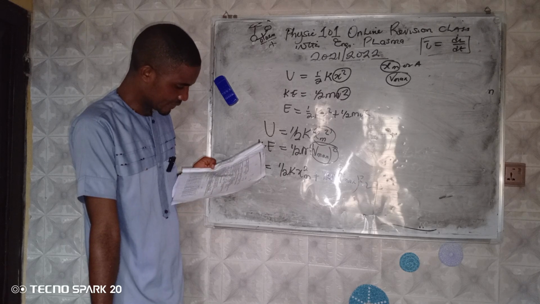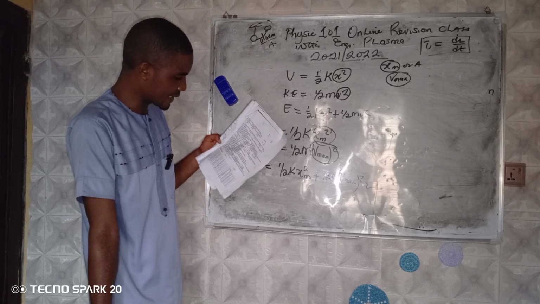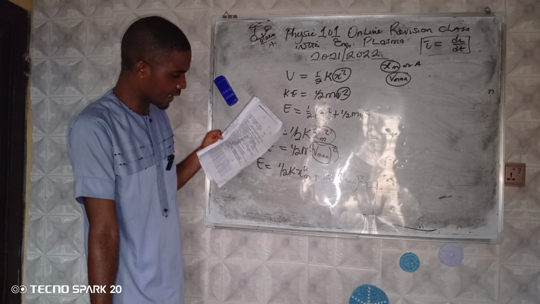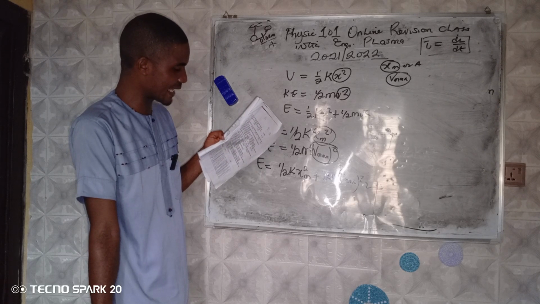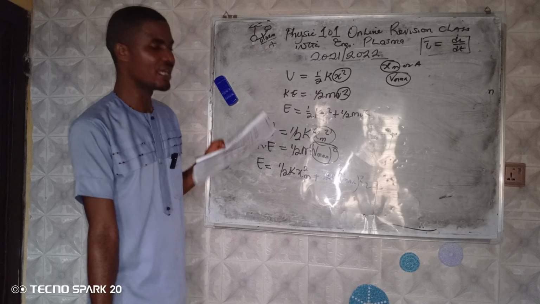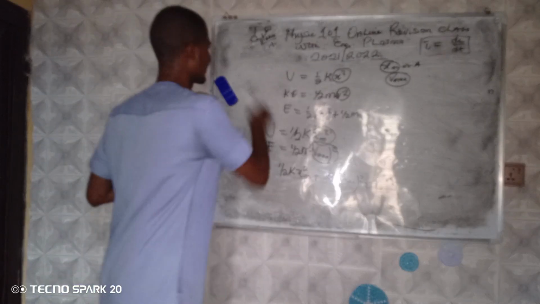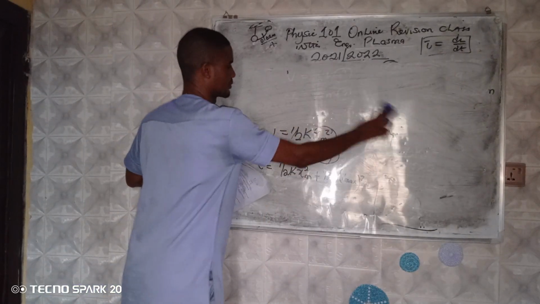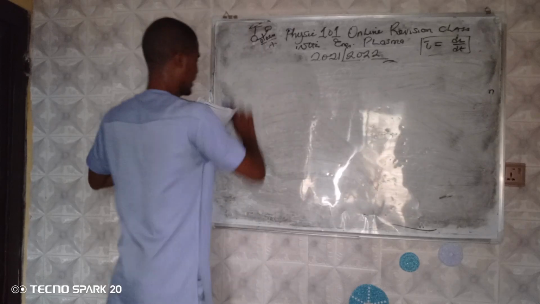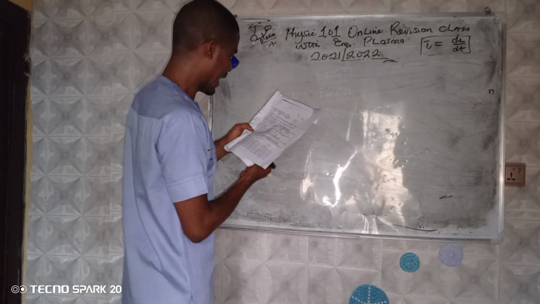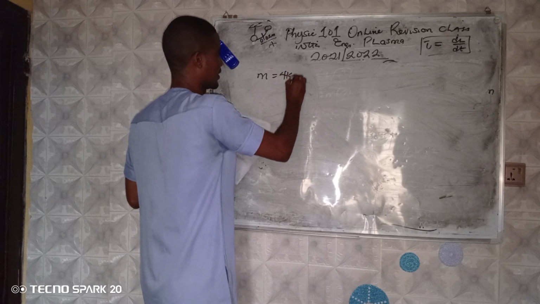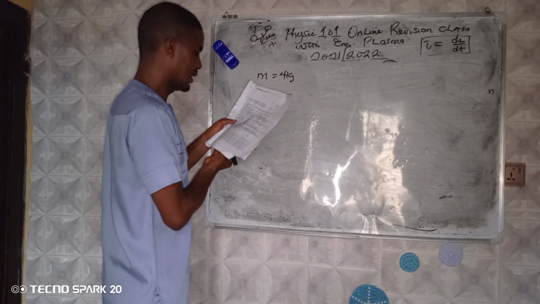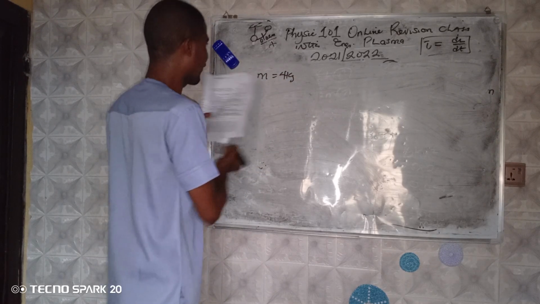Number 8, an object of mass 4 kg is acted upon by 2 horizontal forces in the opposite direction. Calculate the acceleration produced by this system. They gave us 2 forces here. We have mass 4 kg, acted upon by 2 horizontal forces.